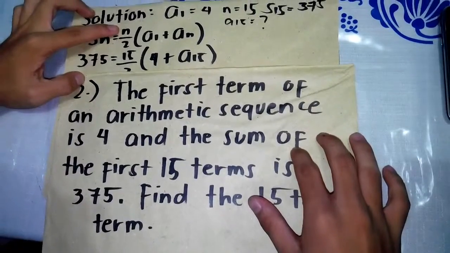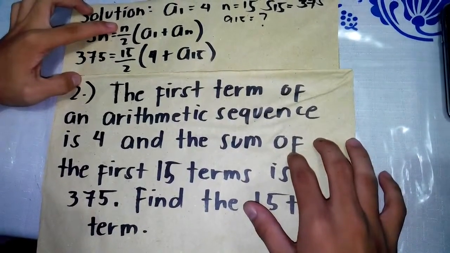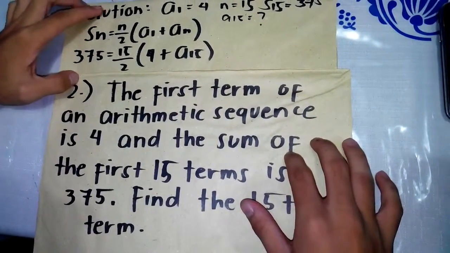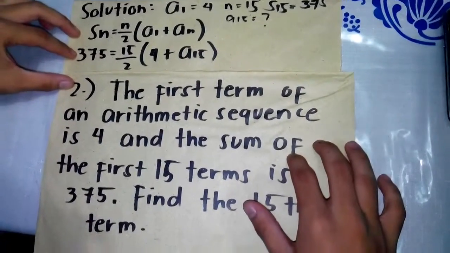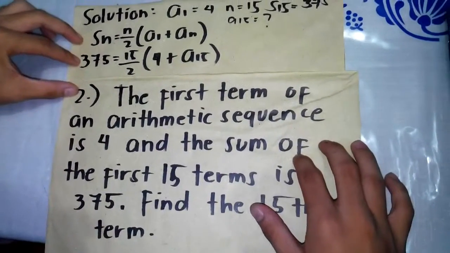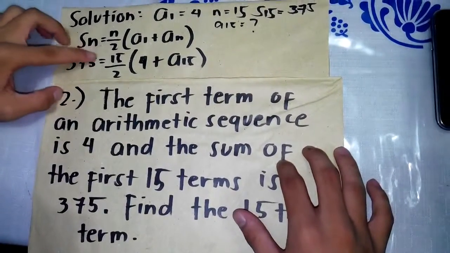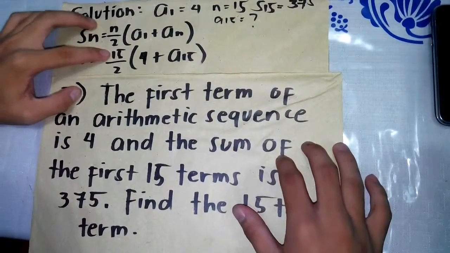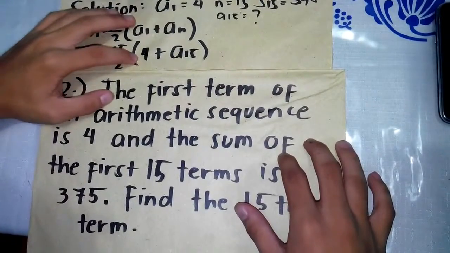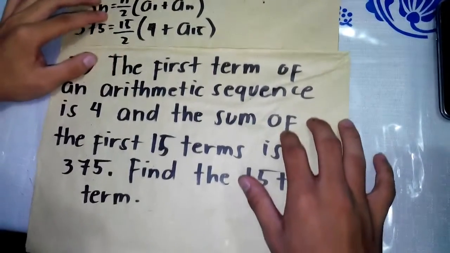We are going to substitute our given numbers in our formula. The sum of the first 15 terms, 375, is equal to 15 over 2 times (4 plus a sub 15).